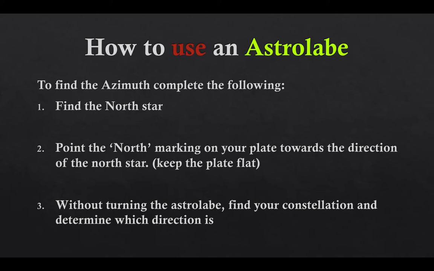You're going to keep your astrolabe pointed so that north is at the North Star. What you do then is you look at the constellation you're trying to find. You keep holding your astrolabe pointed the same direction, but then look at my star, and if I were to follow that into this protractor, which angle does that line up with? Write that number down.